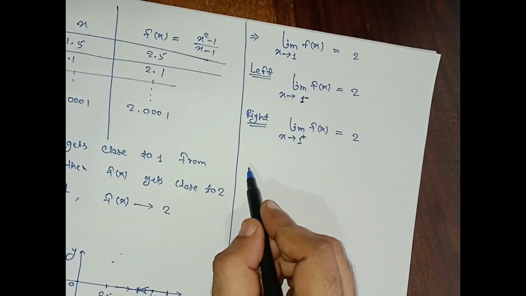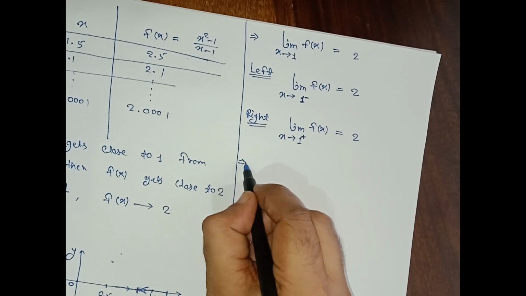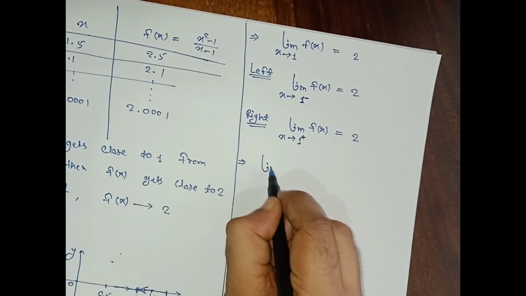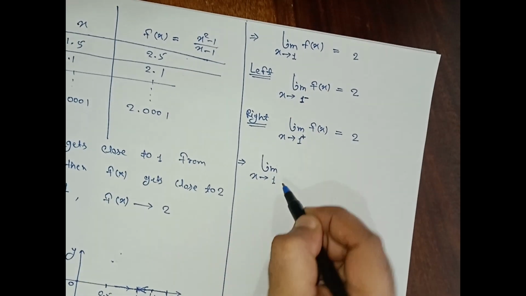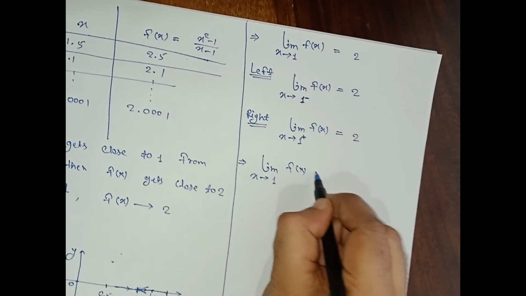So we can say that the limiting value of f(x) at x equal to 1 is 2.